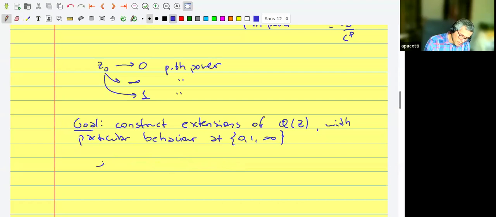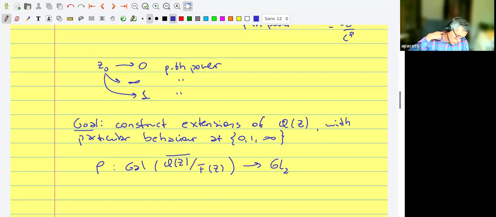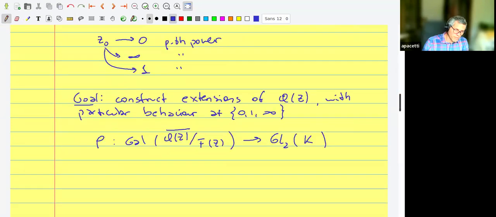So you'd like to get a Galois representation, let's say from the Galois group of Q(Z) bar over some field to GL2. Here I'm not going to say exactly which field you want. I will come back to this in a few minutes.